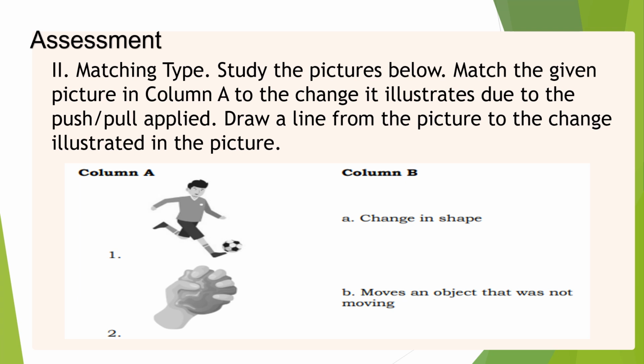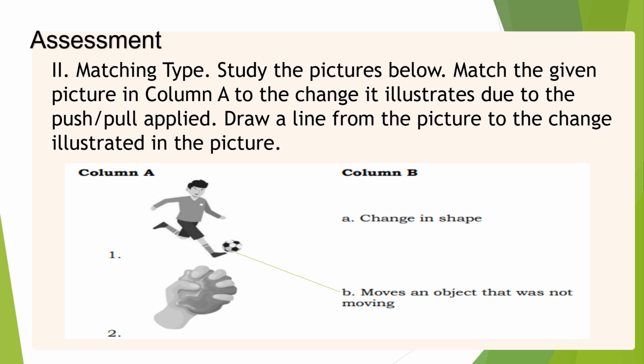Next, study the pictures below. Match the given picture in column A to the change it illustrates due to the push or pull applied. Draw a line from the picture to the change illustrated in the picture. Okay, so let's start with number 1. Answer is letter B, moves an object that was not moving.